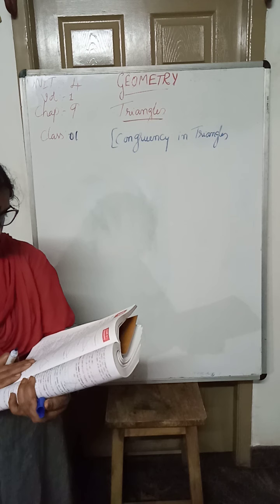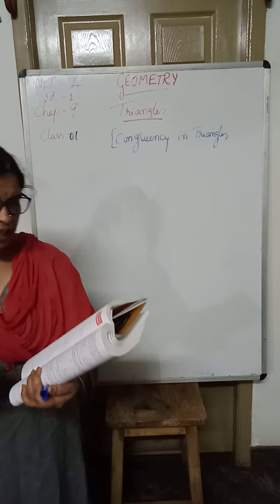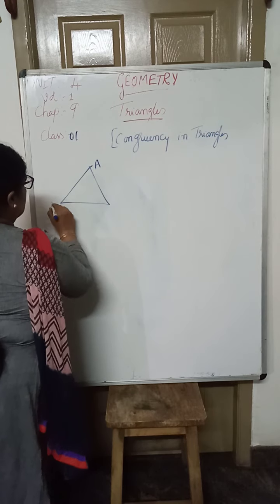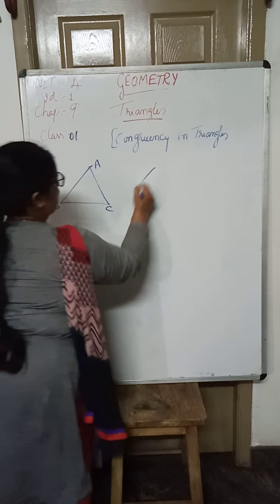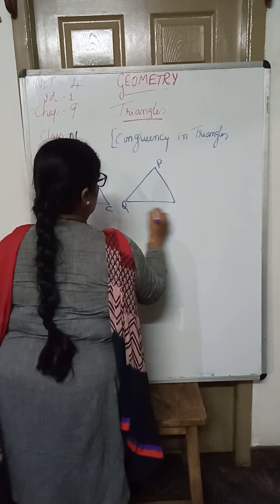Now next we will look at the relationship between the sides and the angles. Here I am taking 2 triangles, triangle ABC and triangle PQR.